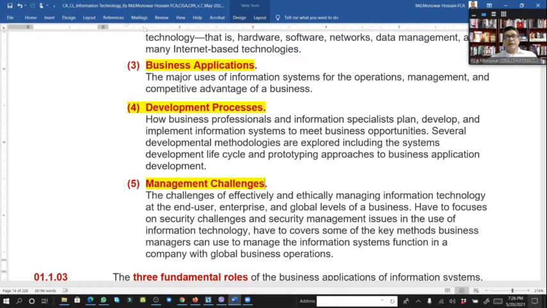That's why we need IT auditors at this moment. That's why one of the qualifications is CISA also. That type of profession is also required day by day, business-oriented. So that is also a management challenge.